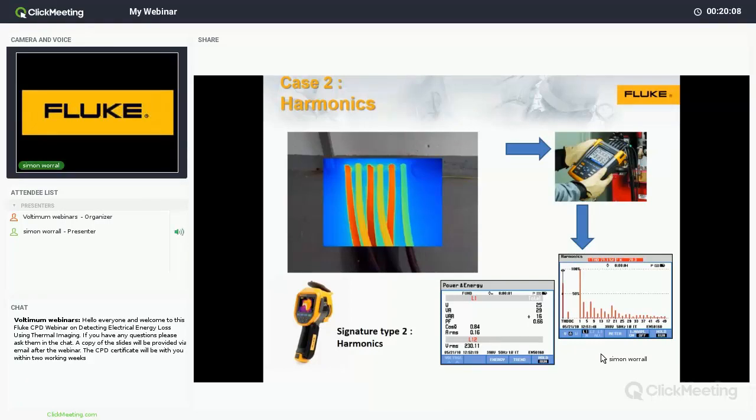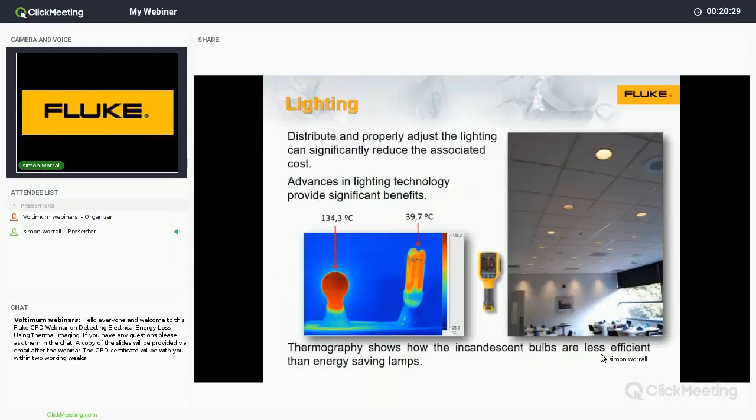Now, why do we suddenly have a problem with harmonics? Well, harmonics are generated by modern nonlinear loads, and these are most loads that have silicon in them, so single-phase switch mode supplies, bridge rectifiers, three-phase rectifiers, etc. As time has progressed, there's been a big drive to reduce our energy usage.